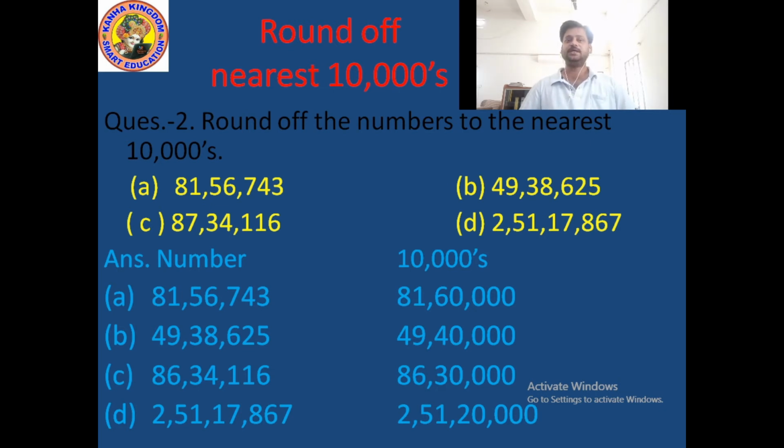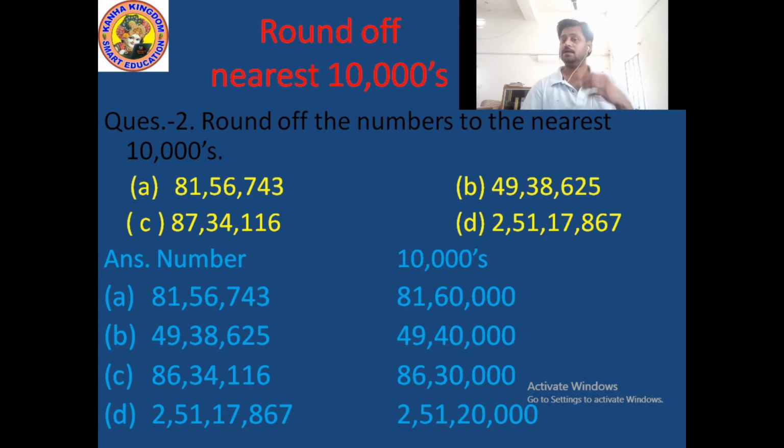C part is 86,34,116. This is a very easy part. So listen carefully. 86,34,116. In this question, which digit is in the 1000 place?